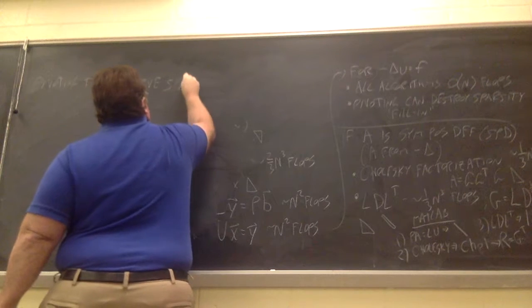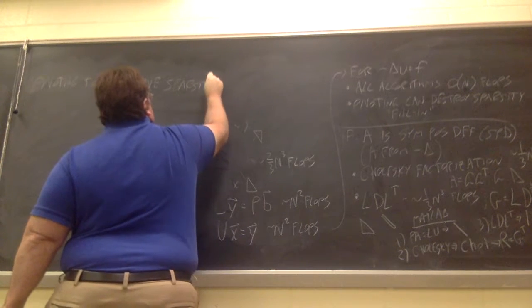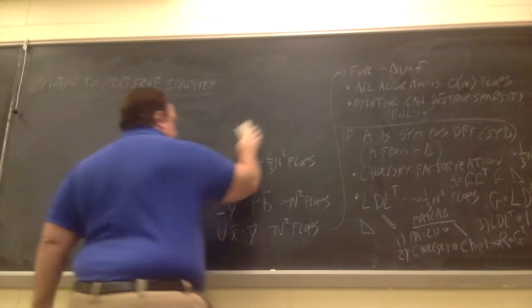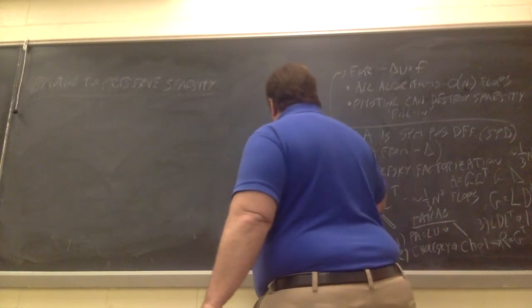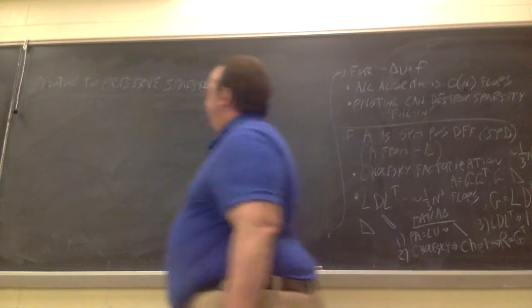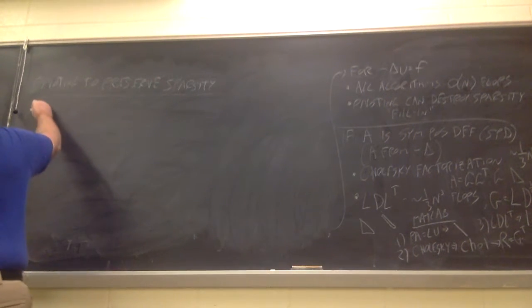So, on the one hand, pivoting is important to reduce round-off error, accumulation of round-off error. But pivoting can destroy sparsity. So how do we balance these concerns?